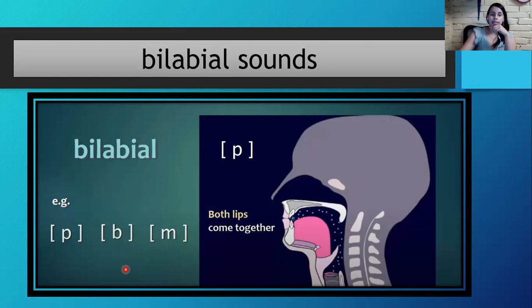The other example is the sound b. The example of the sound is rabbit. And the other is m. The example of the sound is money. If we notice in these examples, we made a union of the two lips, p, b, m.